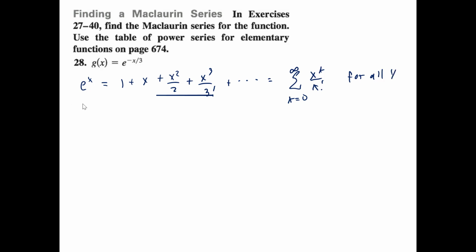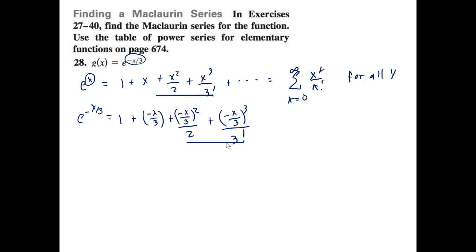So it should make sense that if all I've done is replace the x with negative x over 3, then e to the negative x over 3 should be the same thing as replacing the x with negative x over 3 over here. So this will be 1 plus negative x over 3 plus negative x over 3 squared over 2 plus negative x over 3 cubed over 3 factorial plus dot dot dot.